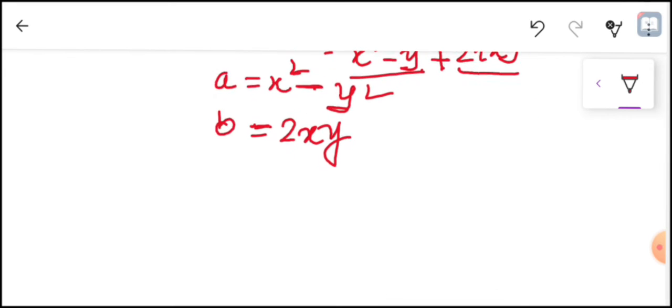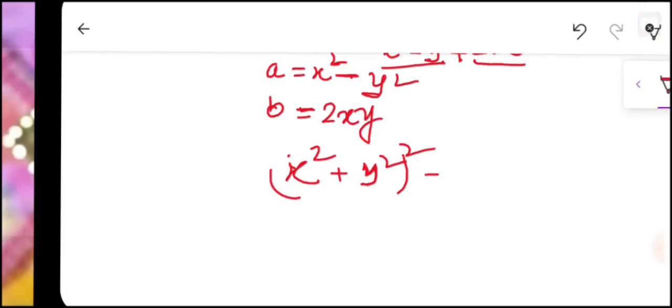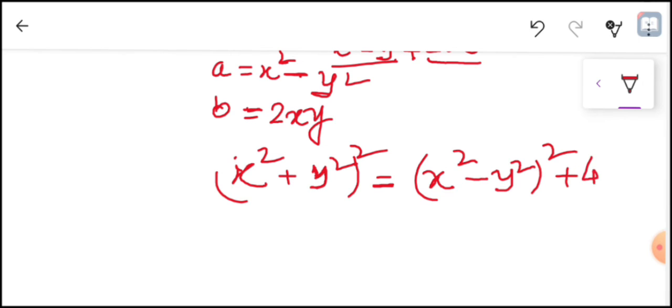Now we are interested to find out x squared plus y square whole square. This is equal to x square minus y square whole square plus 4x square y square.